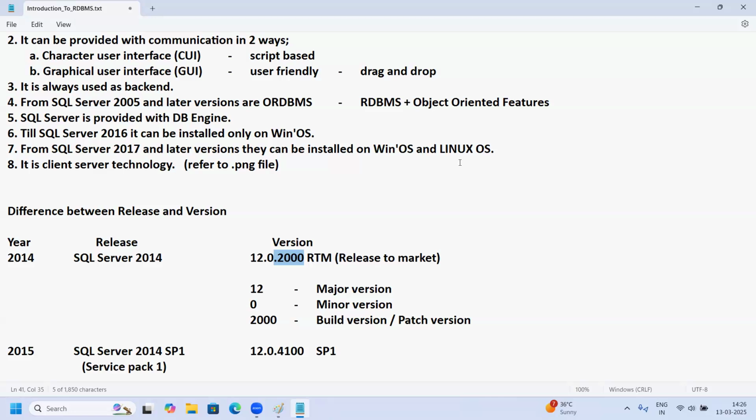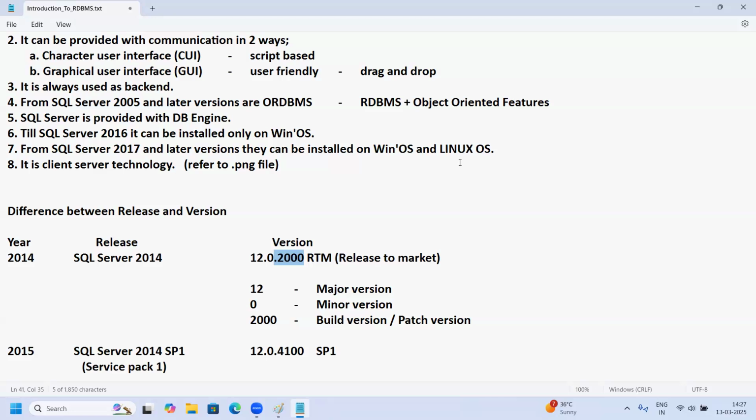And after making those many changes, Microsoft has introduced it as Service Pack 1. Like that, Microsoft has made SQL Server 2014 Service Pack 2, SQL Server 2014 Service Pack 3.